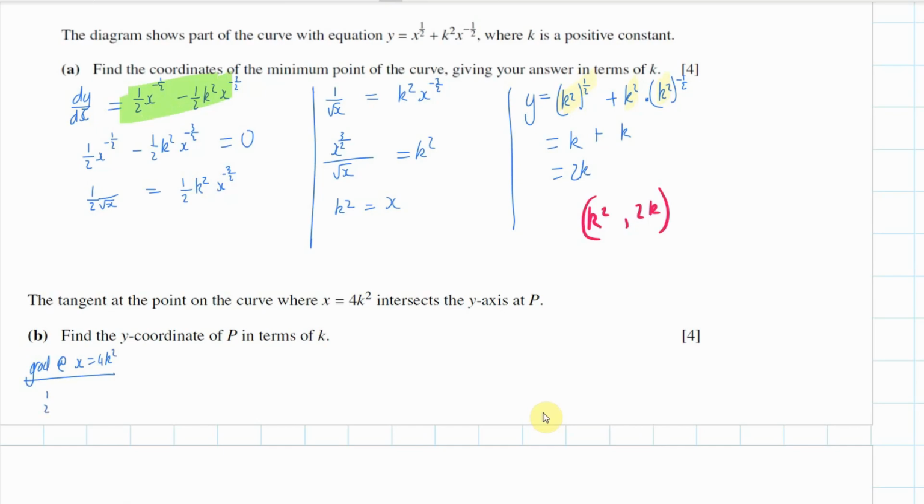I'm going to go 1/2, and then 4k squared to the power of negative 1/2, minus 1/2 k squared times 4k squared to the negative 3/2. Now, what does this work out to be?